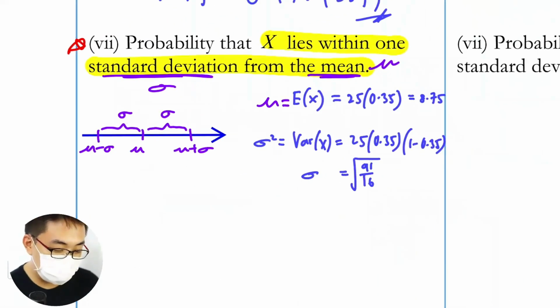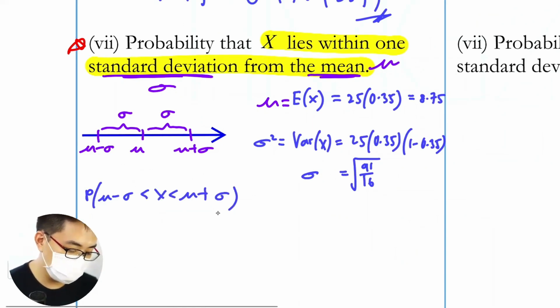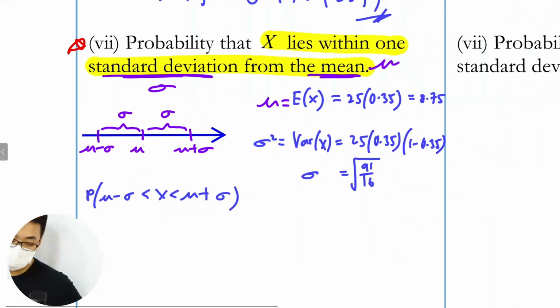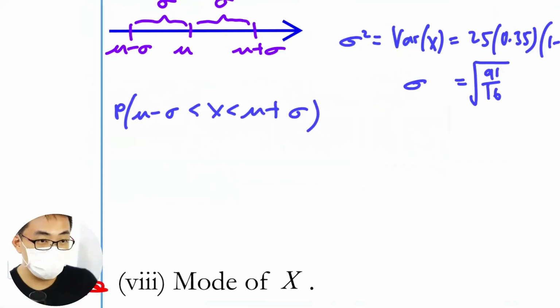So the probability you're looking for is P(mu minus sigma less than X less than mu plus sigma). This is one standard deviation away from the mean. Means you take the mean, you plus one standard deviation. You take the mean again, you minus one standard deviation.